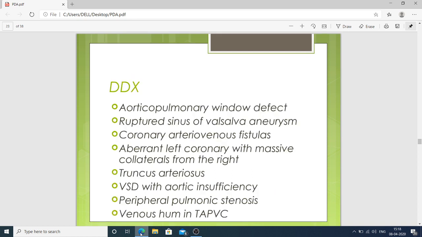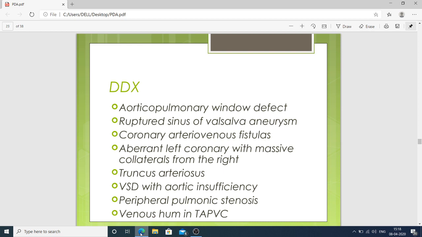Then DDX. DDX stands for differential diagnosis, which is distinguishing a particular disease or condition from others that present similar clinical features, for example similar clinical features like runny nose, fever, pain, these kinds of conditions.